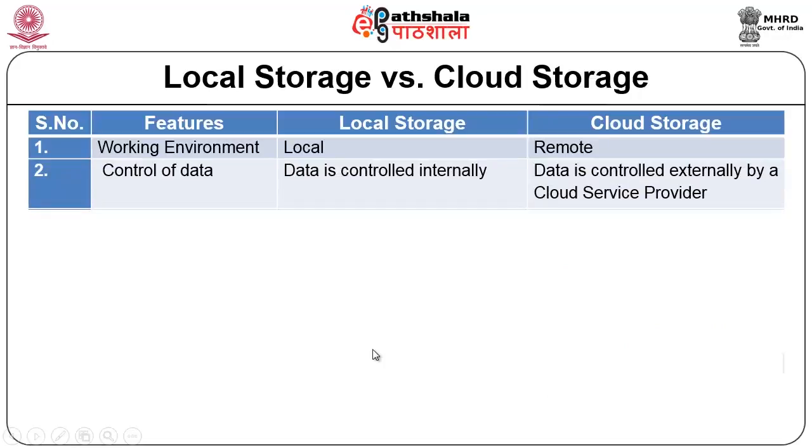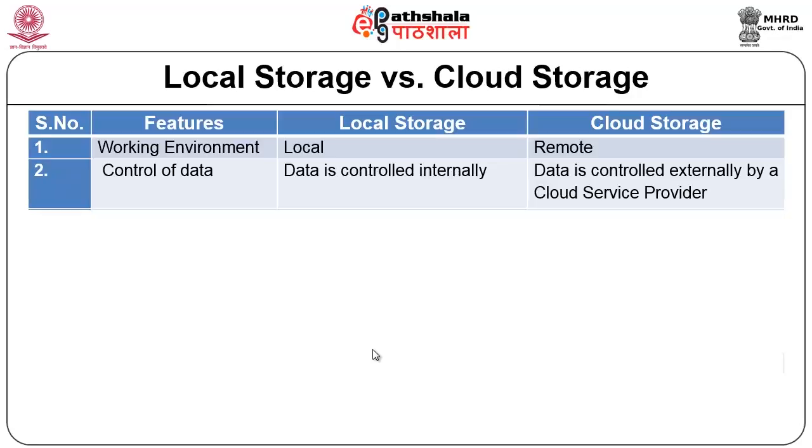Then if you look at the control of data, in local storage data is completely controlled by the user, whereas in a cloud storage the data will be controlled by the provider. In fact, the user has no control over the data, the way it is kept, where it is kept, how many parts the data is divided into.